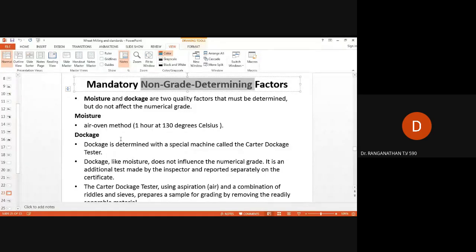Of course, I think you know, what is the standard time temperature combination for estimation of moisture in fruits and vegetables? Fruits, for example. Hello? Hello? Yes, sir.